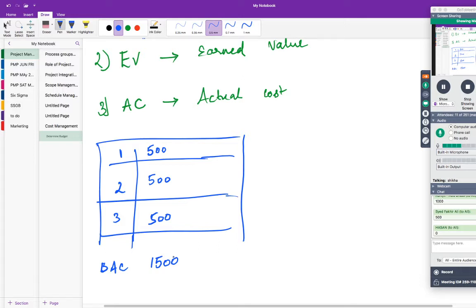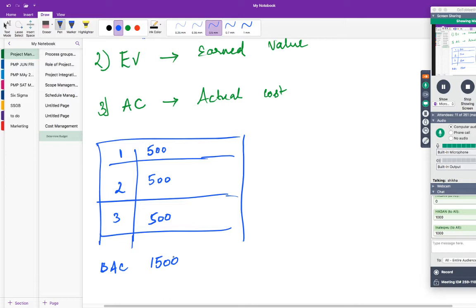When I ask you what is the planned value as on, I may also alter this question a little bit. If I ask what is the cumulative planned value on the second day, what is your answer? It is again 1,000, right?